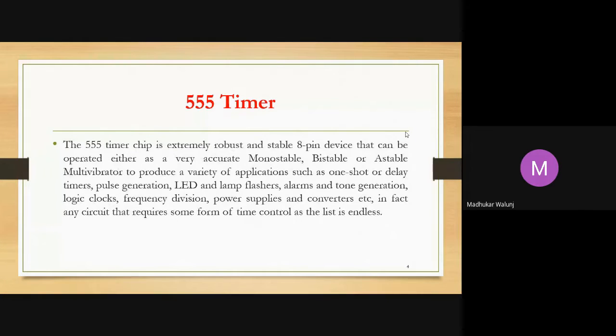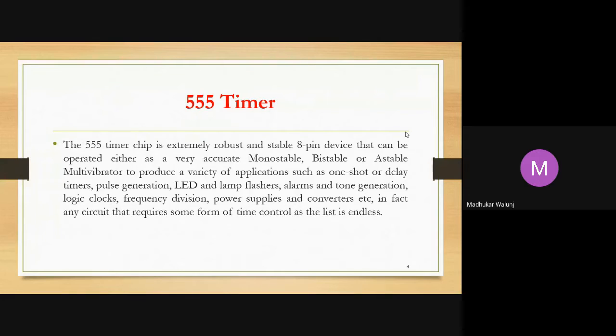Now, where is it useful? It has a variety of applications. It can be used as a one shot or a delay timer. It is also used as pulse generation in LED and lamp flashers, in alarms and tone generation, logic clocks, frequency division, power supplies, converters, and so on. So the list is endless.